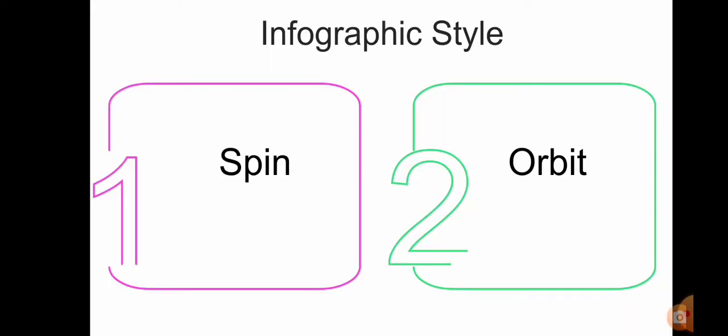First of all, we will learn about spin. Suppose there is a pole, or imagine that there is a line that passes through the center of the earth. And earth rotates around this pole or this imaginary line. But this line or this pole is not straight.